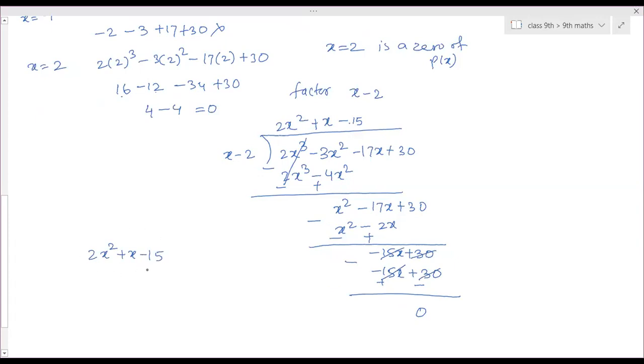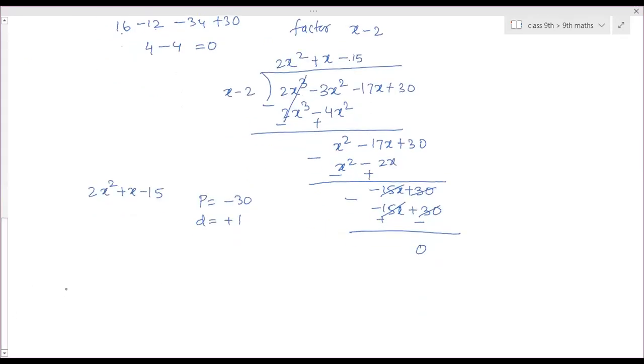Now you have to factorize it. So what is the product needed? Minus 30. What is the difference needed? Plus 1. So what are the numbers? 6 fives are 30. So 2x square plus 6 or minus 6? Plus 6 minus 5. Yes, right?